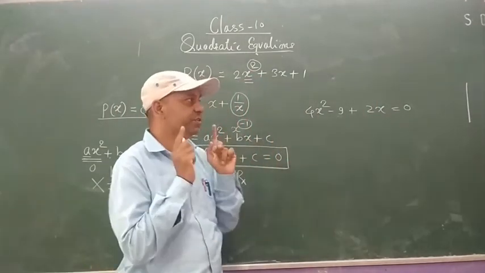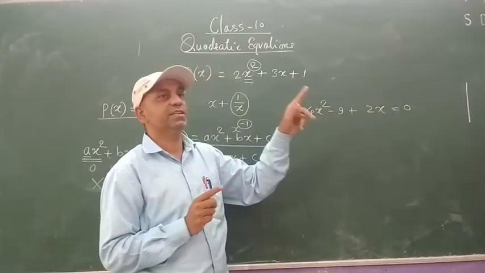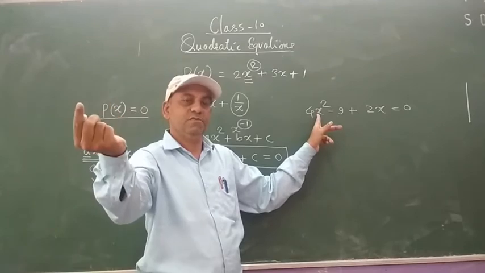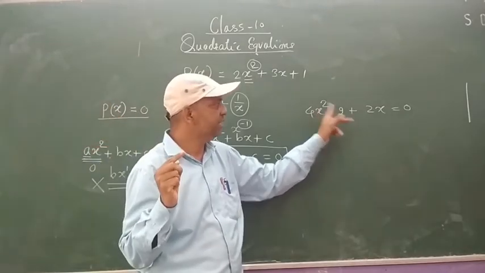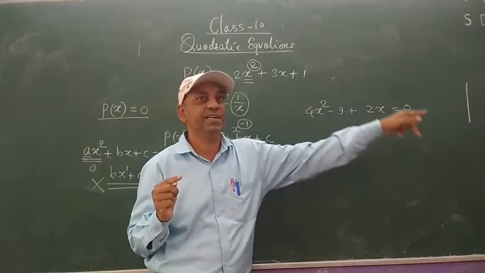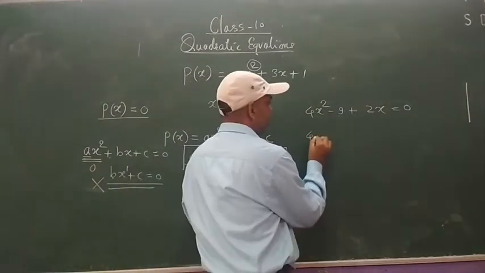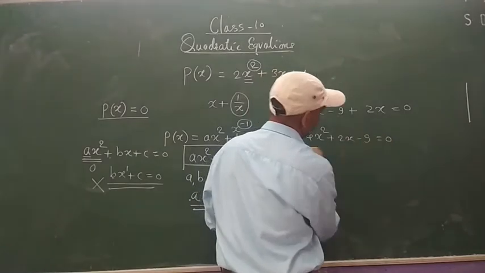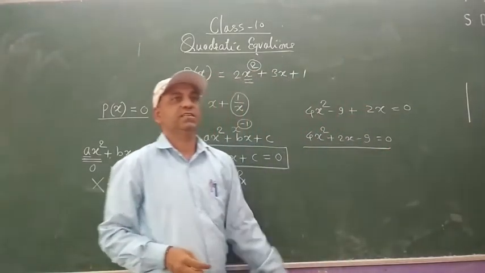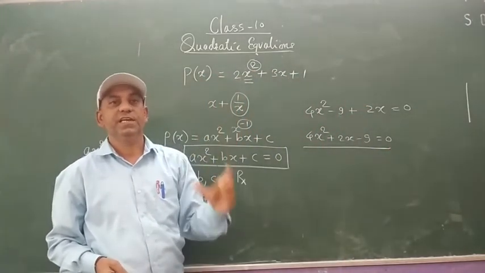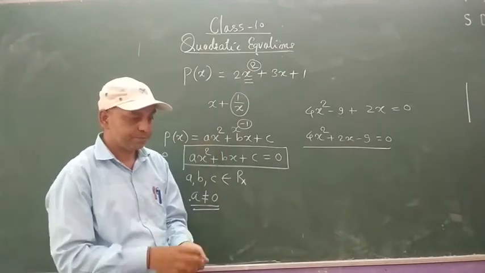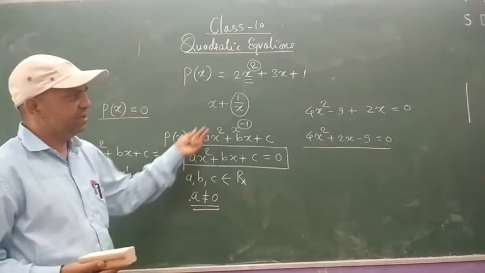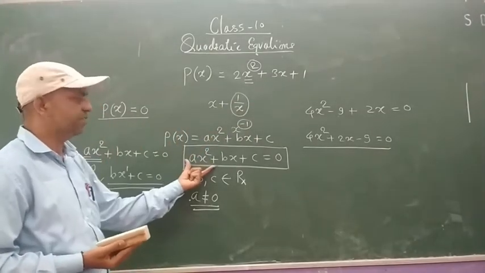So first you should write this equation in descending order of degrees, that is 4x square plus 2x minus 9 is equal to 0. So this is the standard form of a quadratic equation. You can write any such equation in this form.